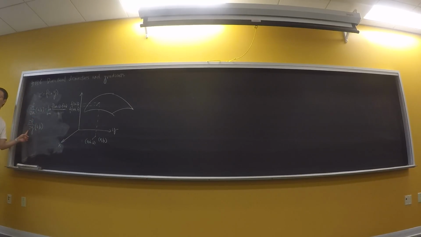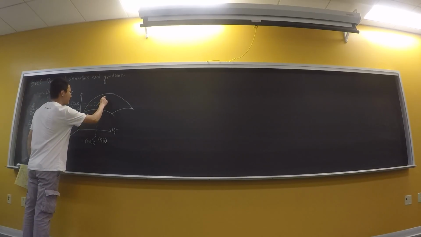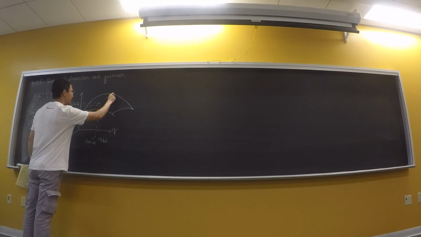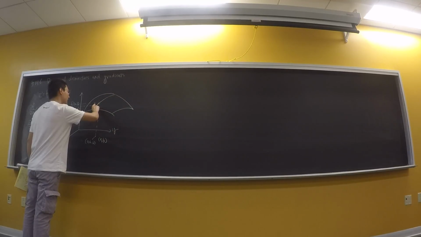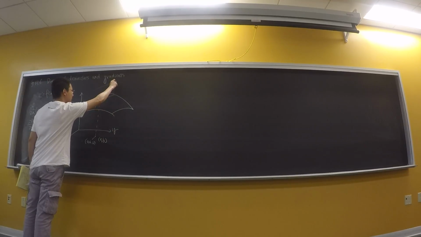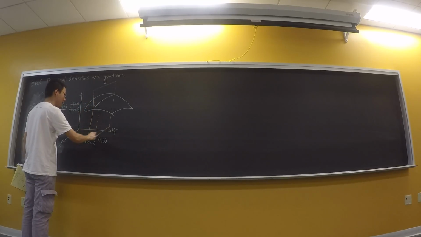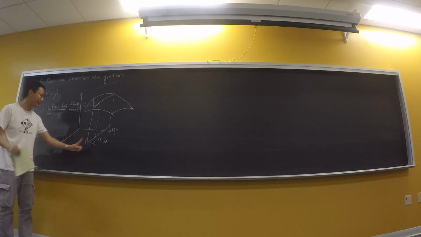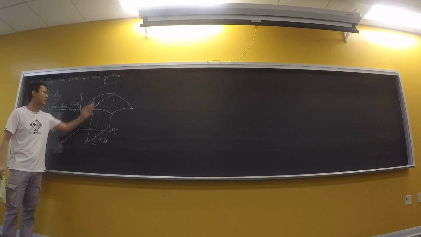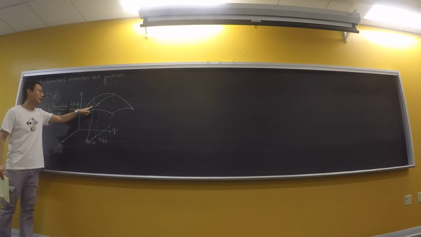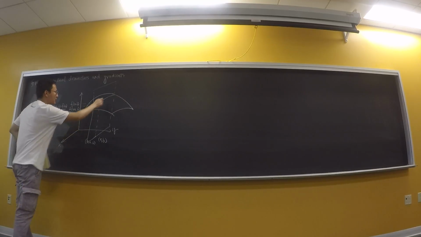Similarly, you can define the partial derivative with respect to y. First of all, I want you to understand this is about a rate of change. Second, it is about the slope of the tangent line if you cut through the surface by a plane which is parallel to the xz plane. If you have a plane cutting through this surface, containing this line right here, it will cut the surface into a curve, and then you compute the slope of the tangent line at this point.